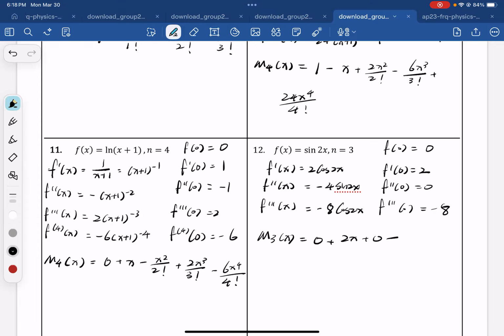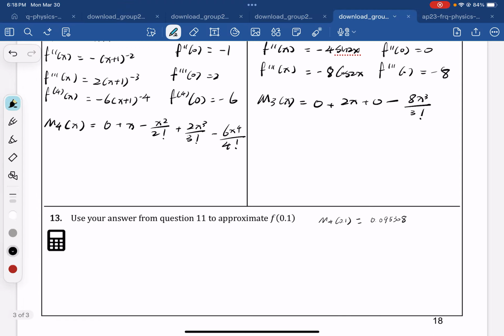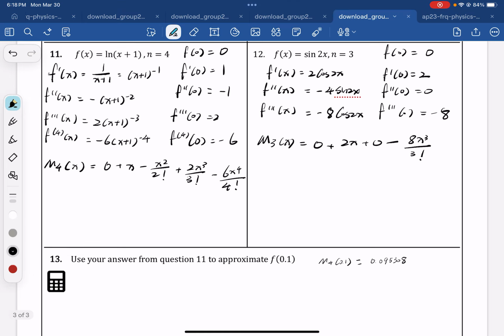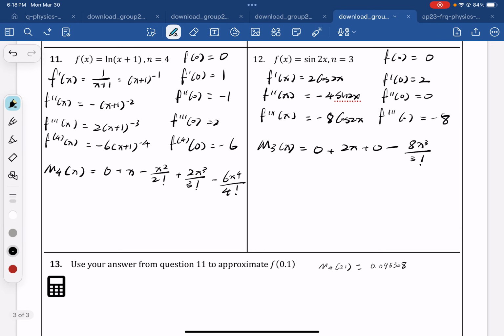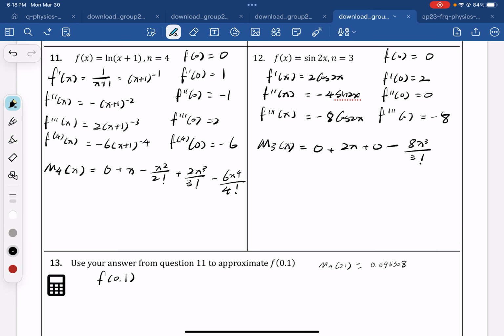And question 13, use your answer from question 11, which is ln of x plus 1, to approximate f of 0.1. So f of 0.1 equals ln of 0.1 plus 1, which equals ln 1.1. So just plug it into the calculator and you will get the number.